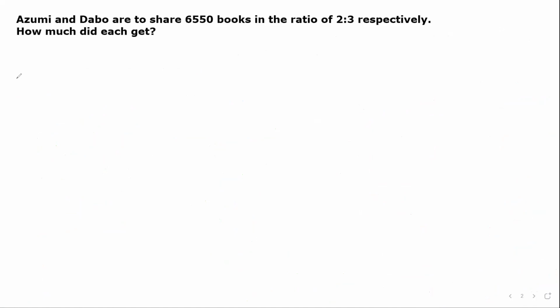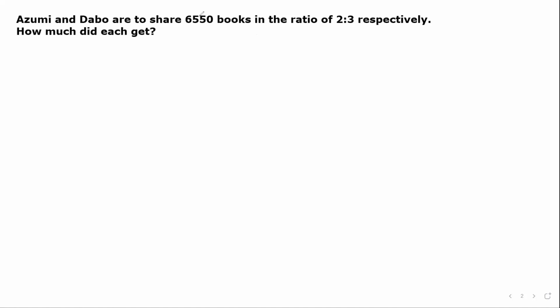Now, Azumi and Double are to share 6,550 books in the ratio of 2 to 3 respectively. How much did each get? So Azumi and Double agree to share 6,550 books in the ratio of what? 2 to 3.